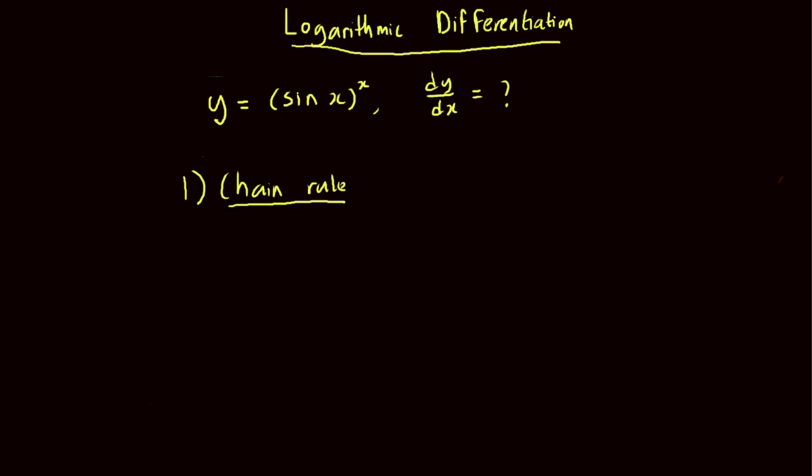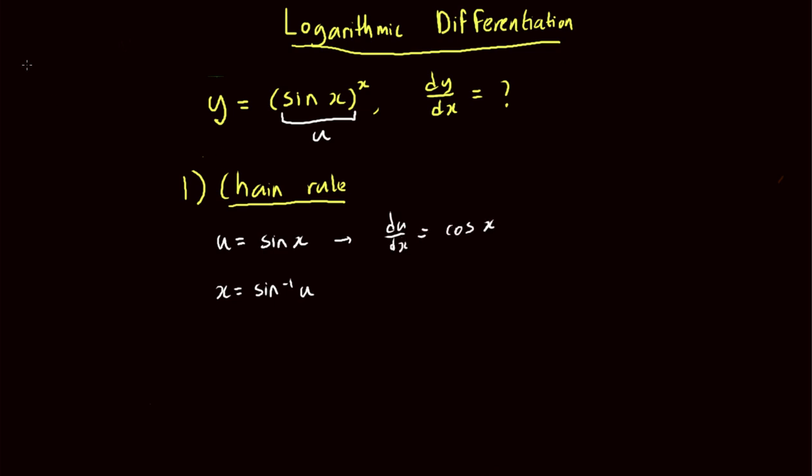For this particular function, if I take sine x as my u, so u would be sine x, and x would be sine inverse u, and we know that du/dx would be cosine of x.